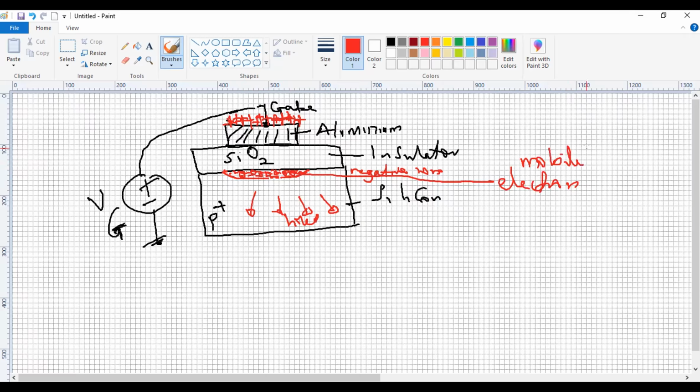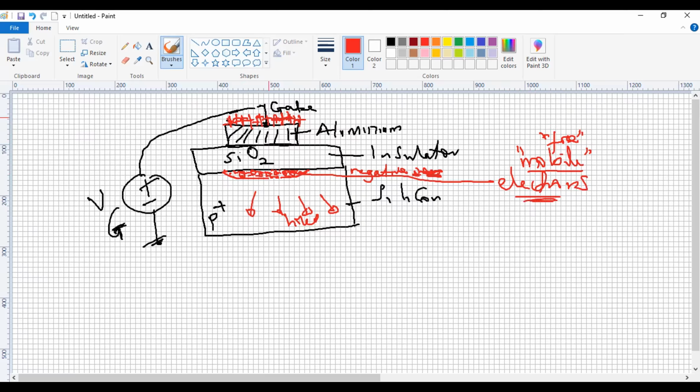The ions are fixed, so they can't carry any charge. But to be able to carry charge, we need something that is mobile, or another way to think about it, free electrons. So we need free electrons.